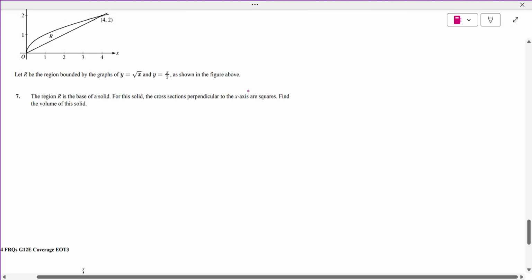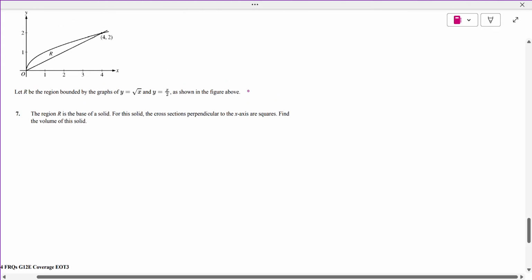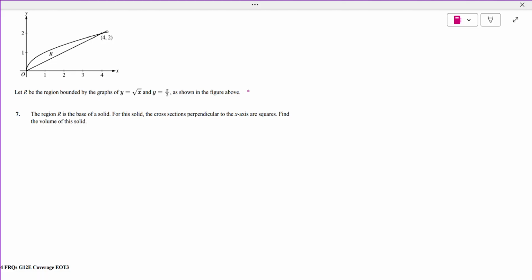Question 7 says, let R be the region bounded by the graphs of y equals root of x and y equals x over 2, as shown in the figure above. We need to find the volume of this solid with cross sections perpendicular to the x-axis, and the cross sections are squares.